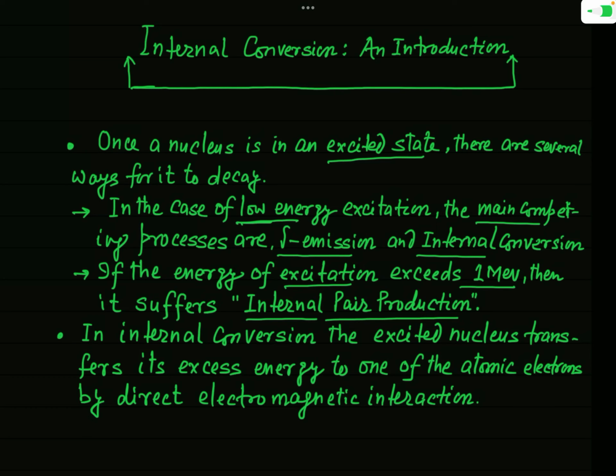So when the nucleus returns from an excited state to some lower energy state, you know that energy is emitted, and that energy appears in the form of a gamma photon.